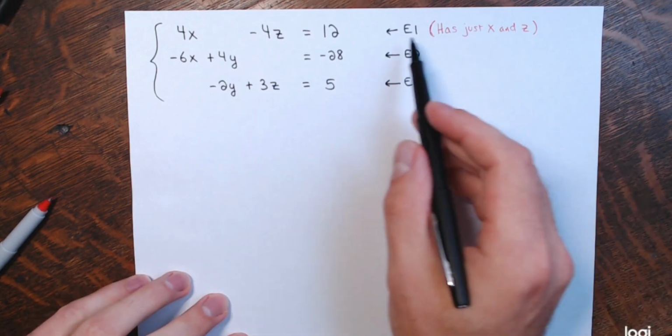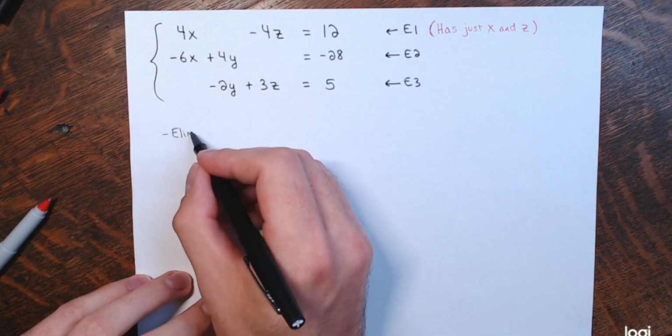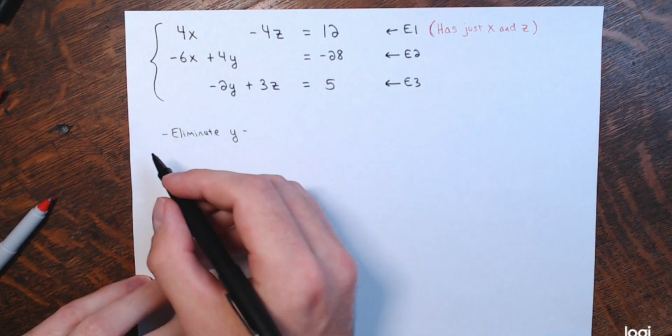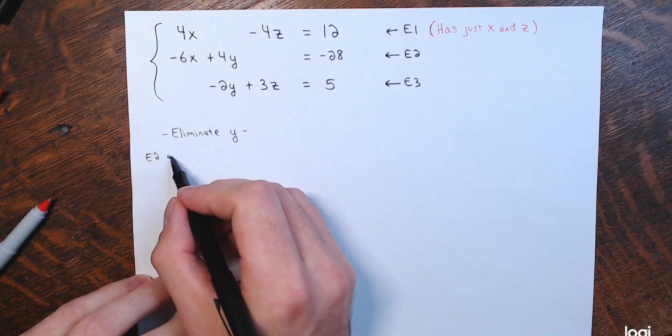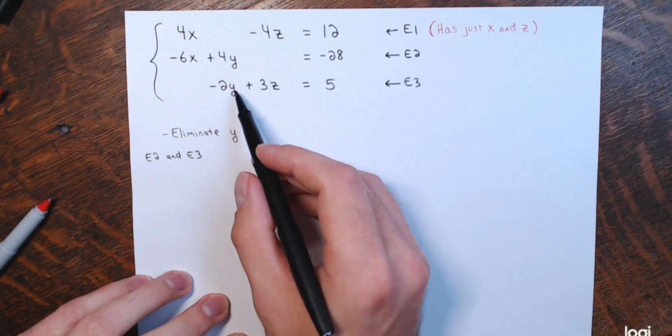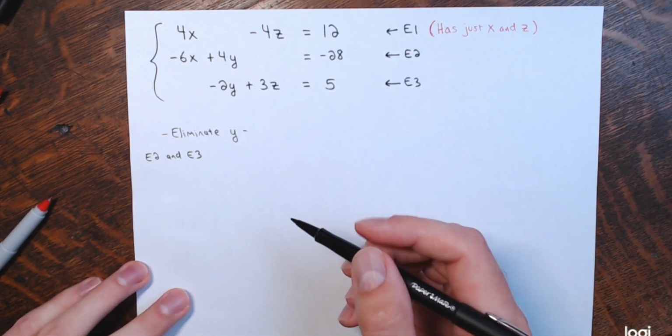So if I'm keeping the first equation with x and z, that means I want to eliminate y from equations 2 and 3. If I eliminate the y's from equations 2 and 3, that'll create another equation with just x and z.